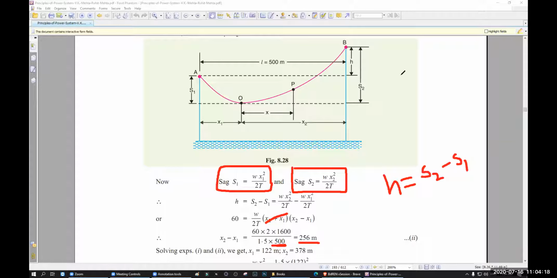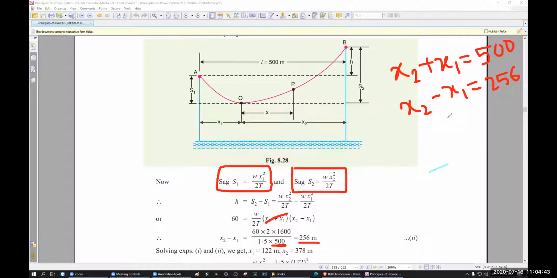256 meters. Now we know x2 plus x1 is equal to 500, and x2 minus x1 is 256, right? That we found out. Now from here, can we find out the x2 value? If you add those, you will have 2x2, and x1 will be gone, and your value will be 756.